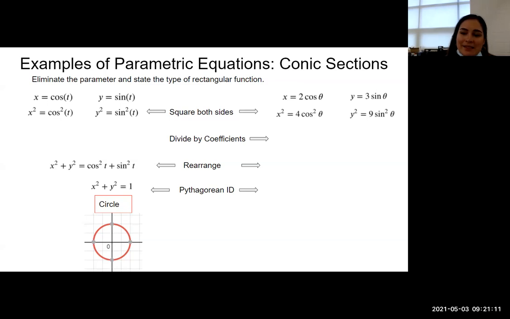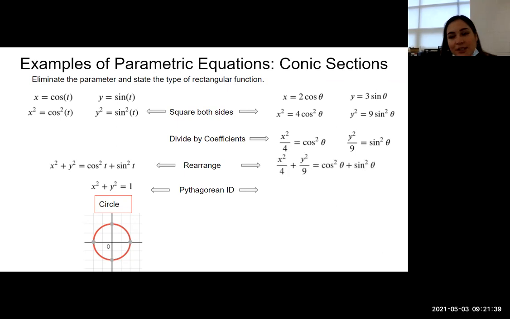But because these coefficients are different, before we try to use the Pythagorean identity, we're just going to divide the coefficients on both sides of the equation. So that gives us x squared divided by 4 equals cosine squared theta. And then y squared divided by 9 equals sine squared of theta, right? Because we want to have a very clean Pythagorean identity when we rearrange the equations. We don't want to have the 4s and 9s on that right side there.